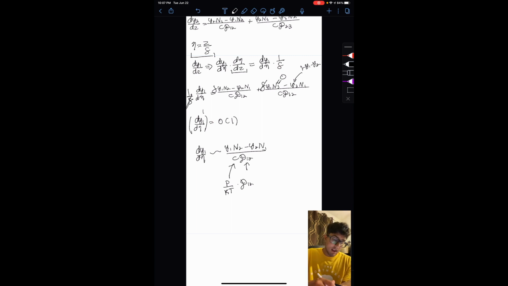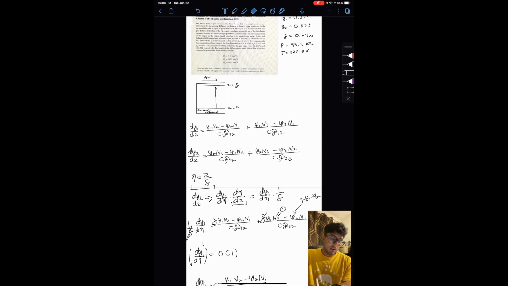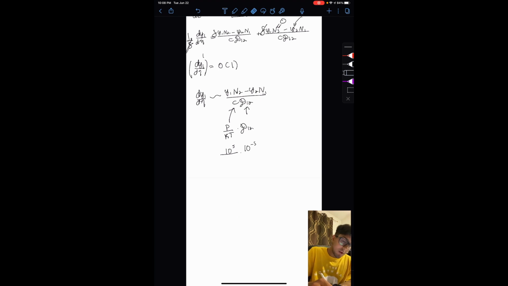Since it's a gas, the Stefan-Maxwell coefficient is approximately 10 to the minus fifth. We know that the pressure is approximately 10 to the fifth. We know R is 8.3, times the temperature, which was 325, and that's approximately 10 to the third.